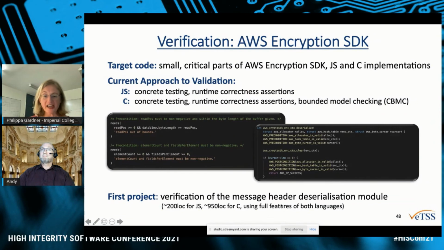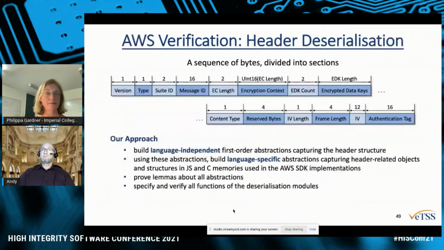So our first project was just to do a tiny thing, which is the message header deserialization module with 2,000 lines of code for JavaScript, about 1,000 lines of code for C, uses lots of features in both languages. All we're doing is a list structure. It's a dynamic list structure, and we can describe it using first-order abstractions.